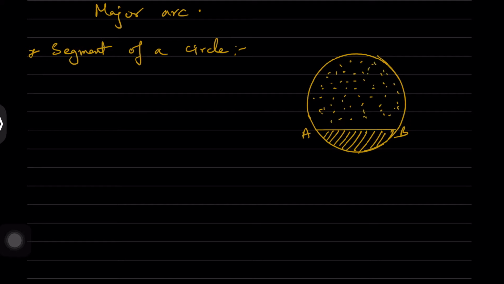Now here wherever I am putting the dots, this is the major segment because it is occupying the major part of the circle, and this down of AB where I put the lines, that is called the minor segment. This is called the major segment.